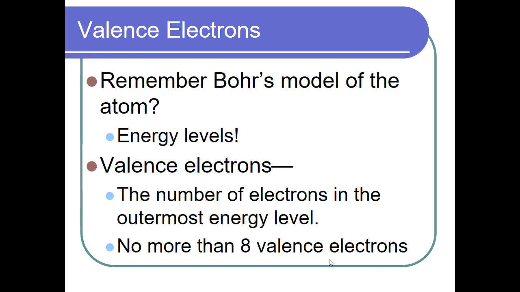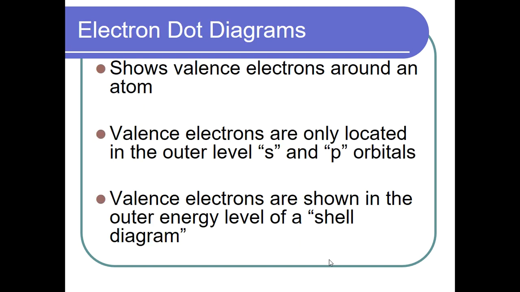These are the electrons in the outermost energy level. If I'm talking about something whose electron configuration ends with 4p3, then I'm talking about the electrons in that fourth energy level. Because of that, there can be no more than 8 valence electrons. The reason, I'll get to that in a minute.